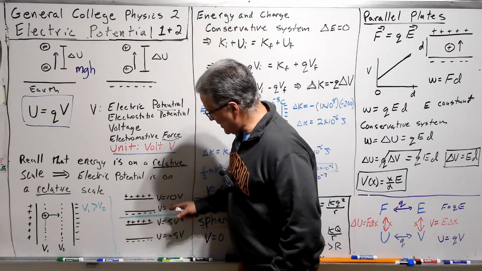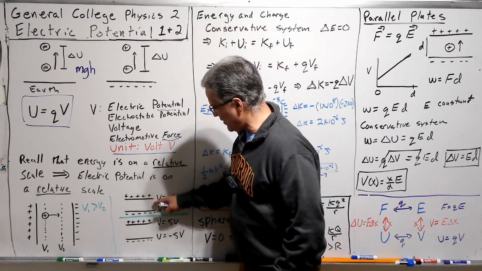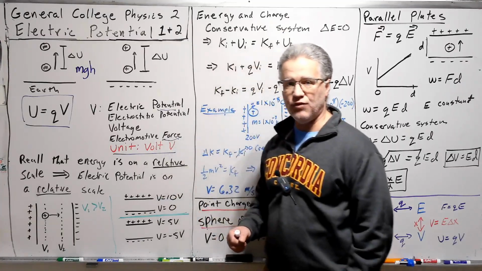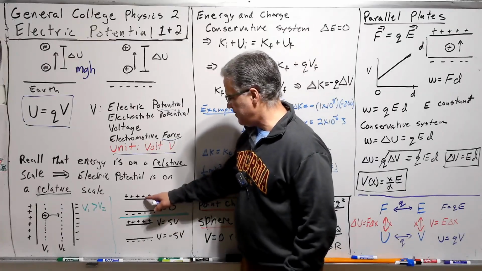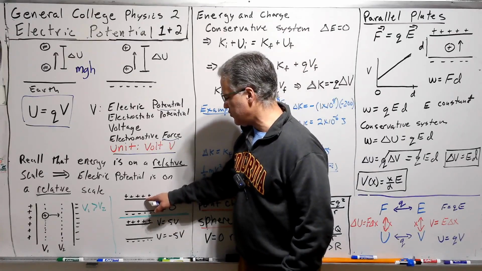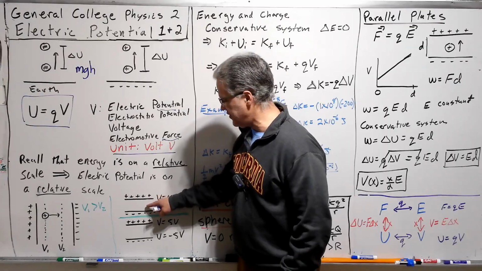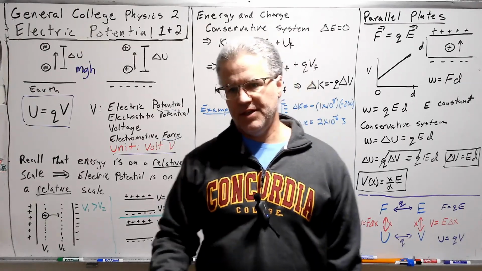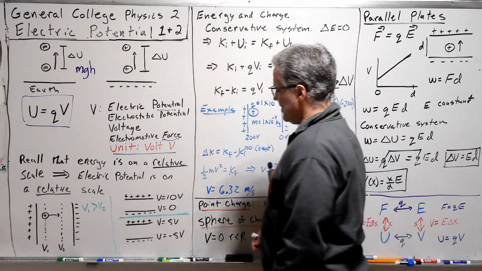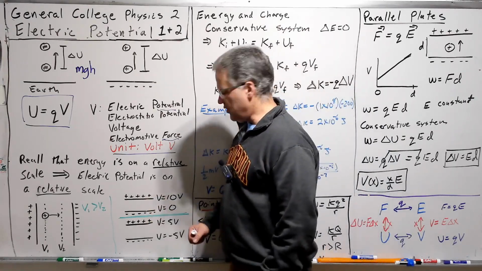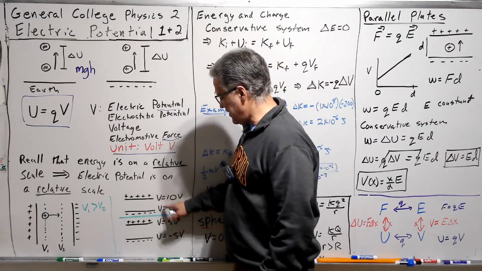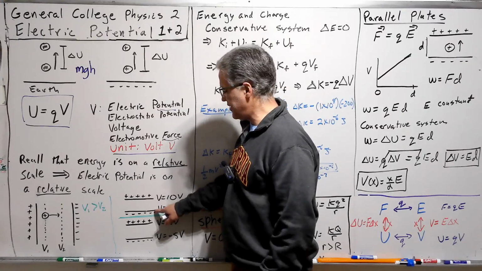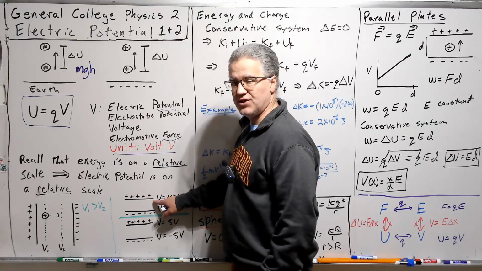Okay, now the relativeness is, let's compare the difference all the way at one plate to another. Let's say that that's charged up to a 10 volt difference, so that the voltage drop, the electric potential drop, if we had a charge right there at the surface and we move it to right at the surface here, what is the voltage difference there? Let's say it's 10 volts. Well, since this is on a relative scale, we could define this to be 0 volts and then this to be a positive 10 volts.